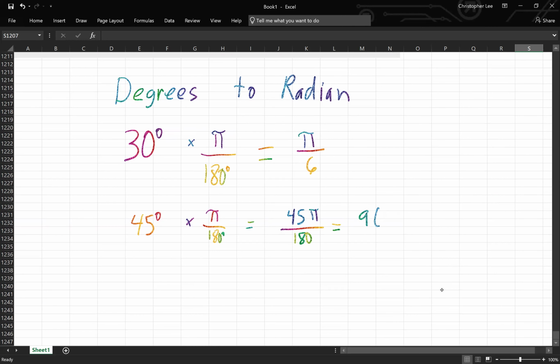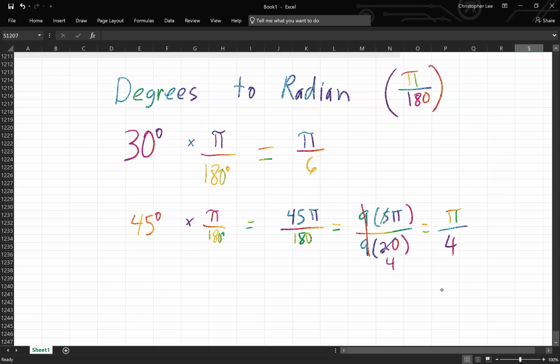Call this 9 times 5 pi over, pull 9 out of this, call that 20. The 9's cancel out. The 5 and the 20 can cancel out and make 4. So this is just pi over 4. And that's it. So if I want to go from degrees to radians, you're going to multiply by pi over 180.